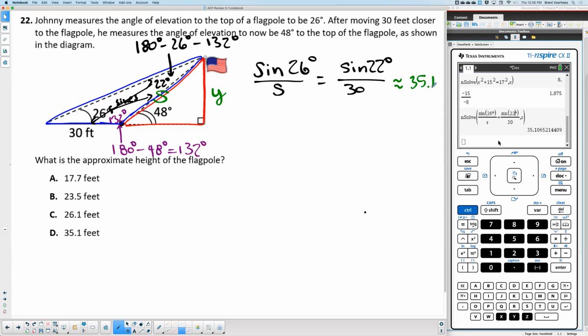Okay, so now when I go to the other triangle, the red triangle, do I have a completed set in that triangle? Yes. Because not only do we have shared, we have the angle across from shared. So this would be sine of 90 over 35.1, our answer we just got, would equal sine of 48, the angle across from y, over y, the height of the triangle.